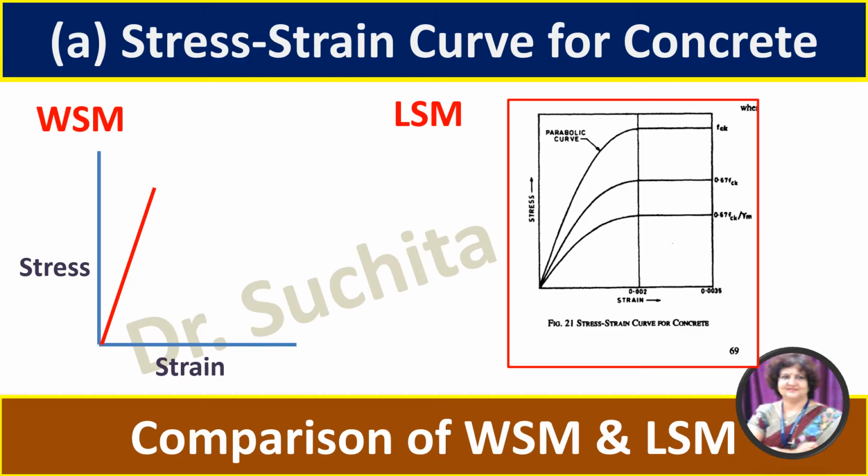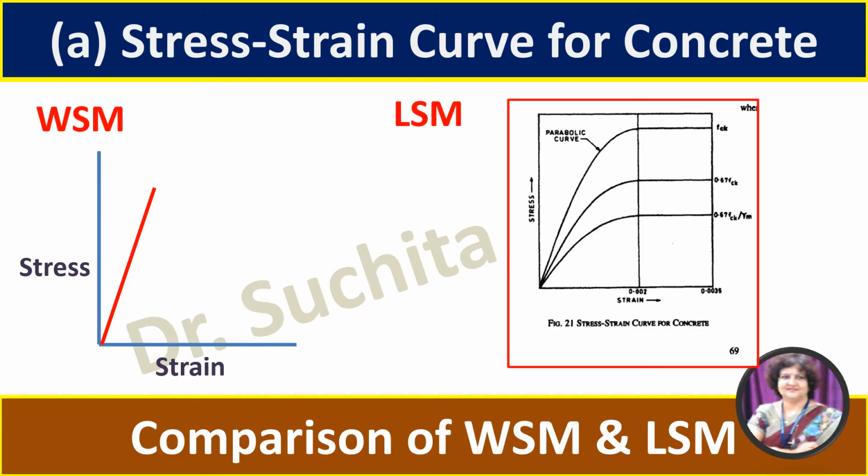In the initial stage, the concrete is in elastic stage, so it is a curved portion, and after that the concrete behaves like a plastic, and therefore there is a horizontal portion in this graph. This behavior is called elastoplastic behavior of the material. So limit state method takes into account non-linear elastoplastic behavior of the material.